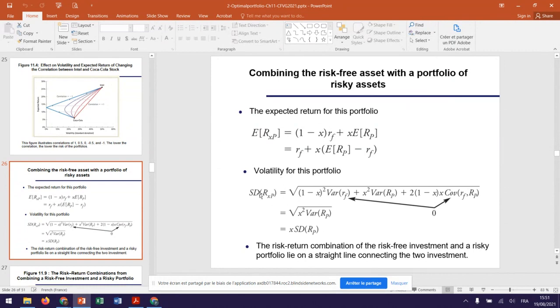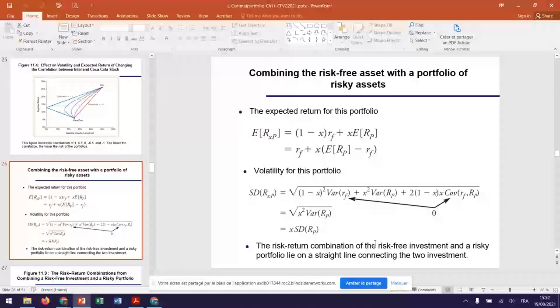If I take the same variance equation and take the square root, with x1 being 1 minus x and x2 being x, I combine everything and get the square root of x squared times the variance of Rp, which is x times SD(Rp). So the volatility of your portfolio, where you put X in P and 1 minus X in F, is simply X multiplied by SD(Rp).